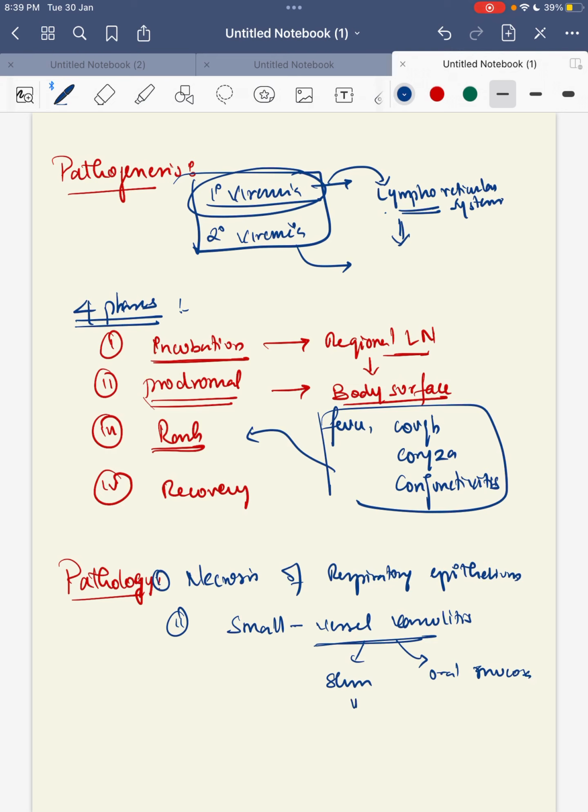Since it produces small vessel vasculitis on the skin and oral mucosa, we develop rashes.